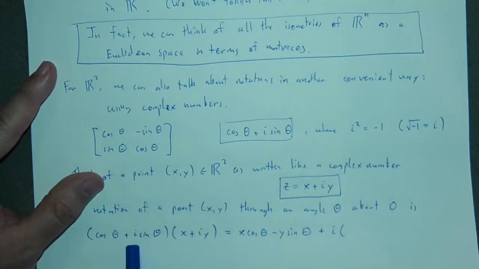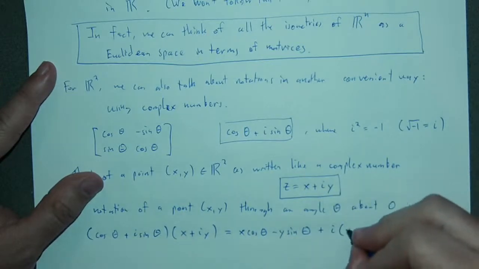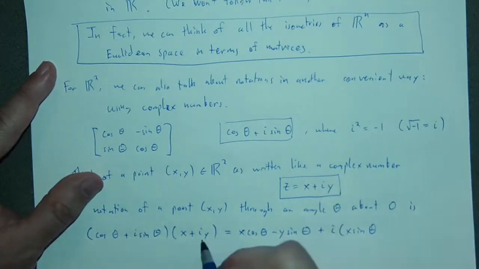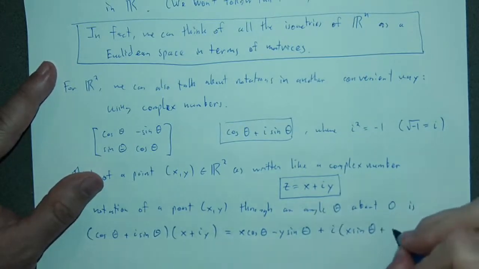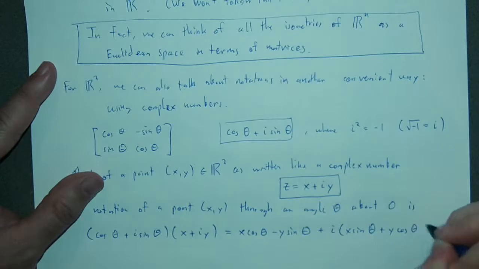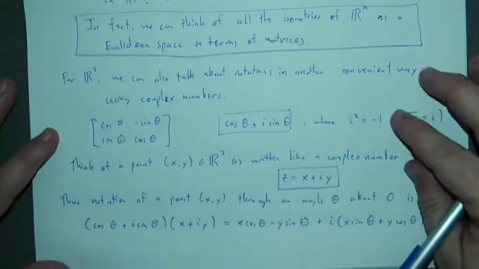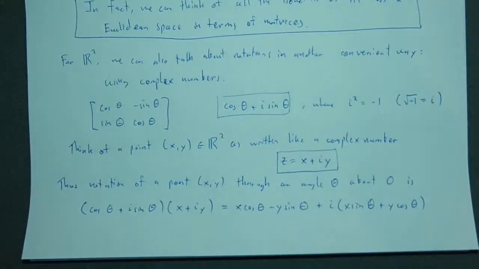So I would have the mixed term I times x sine theta, so that's x sine theta, okay, plus y cosine theta. Okay, so this would be me rotating the point x, y through an angle theta about 0 by multiplying by this complex number cosine theta plus I sine theta.